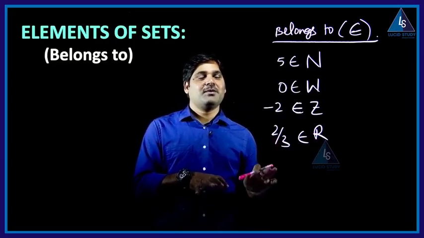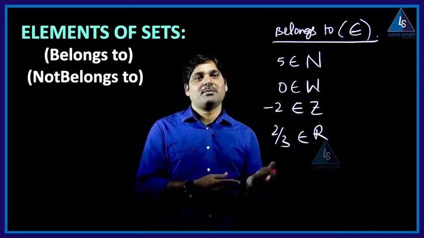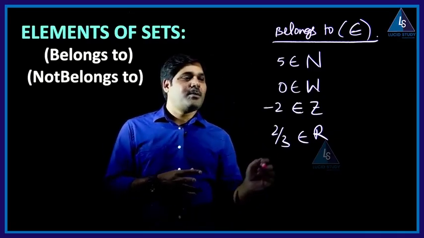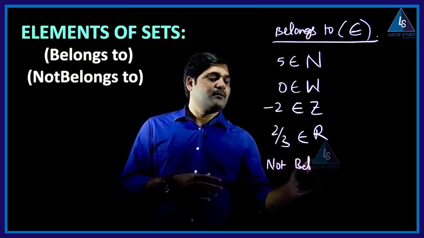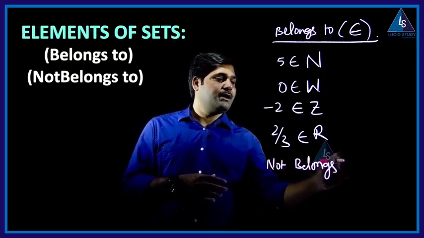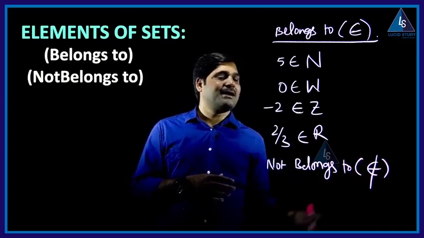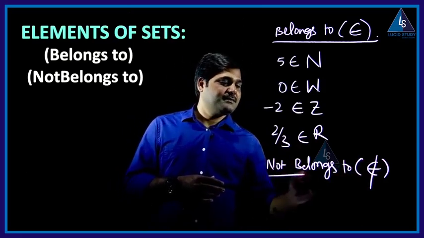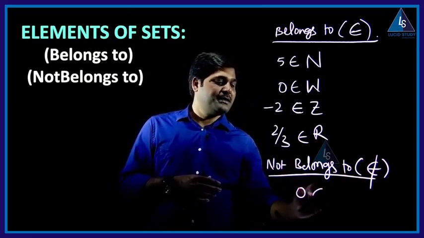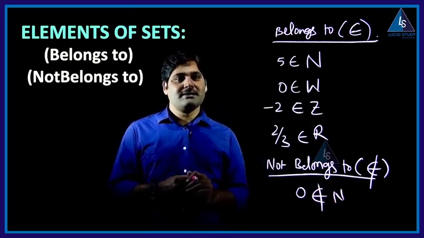Okay, suppose if I want to say something does not belong to that set, how to represent? So there is one more operator, that is not belongs to. The same symbol we will write, and we will cross it. So if I write 0 does not belong to natural number set, I have to represent like this.